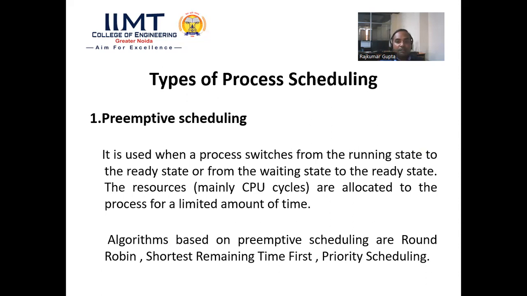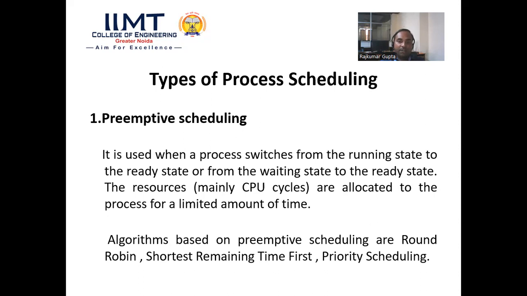Preemptive scheduling we can understand with a very easy example. Suppose there is process number 1 and process number 2. Process number 1 is holding the CPU for its execution. At that time, process number 2 comes and it also wants the CPU.